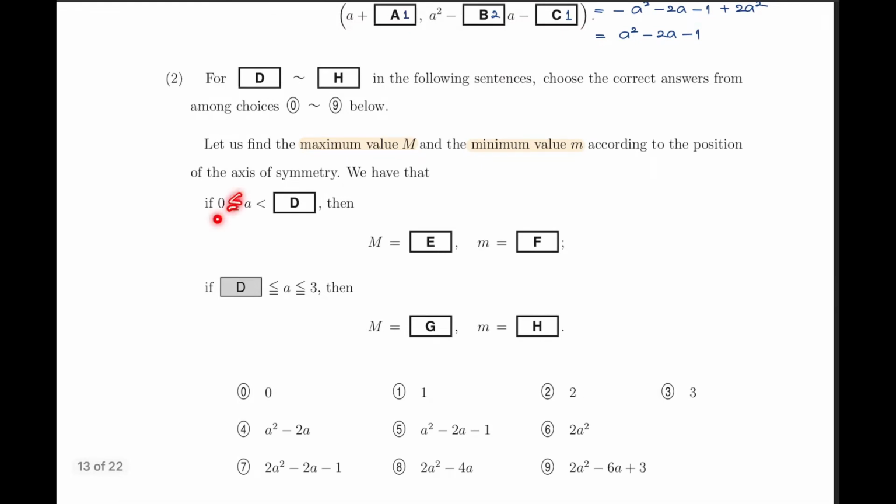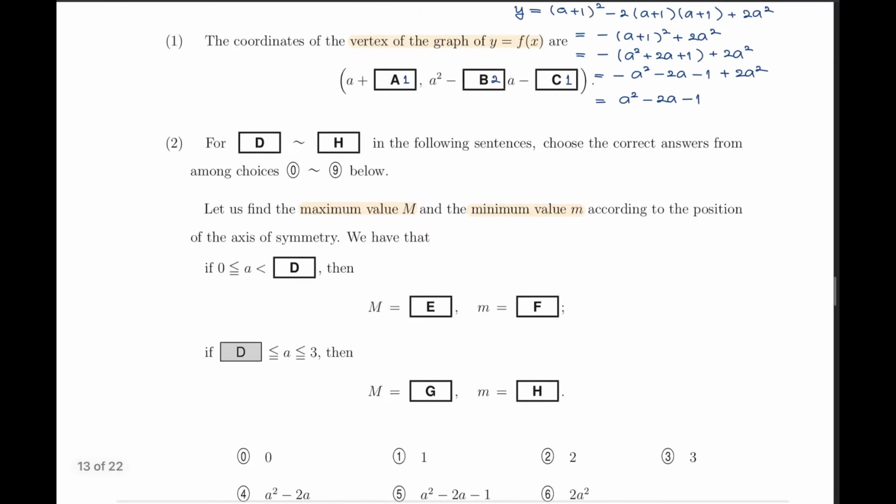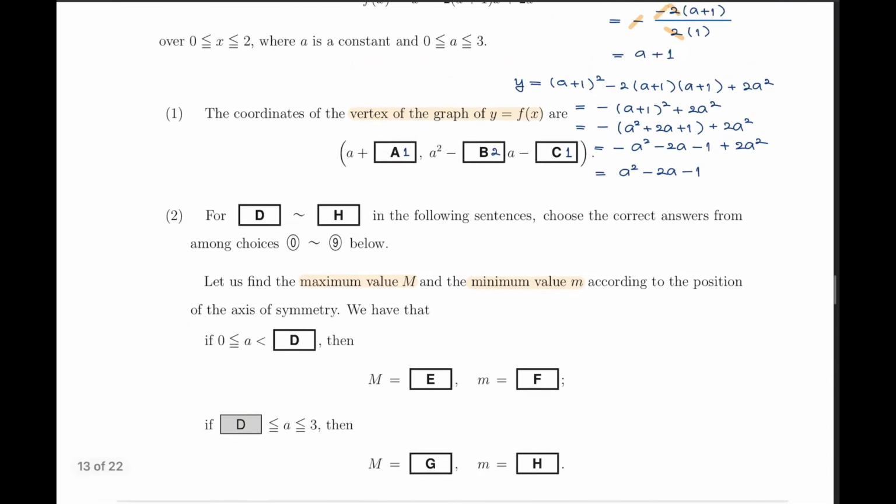And then if 0 is less than or equal to A, less than or equal to D, then blah blah blah. So I think the first case here is where the axis of symmetry is inside the range of x. I repeat it once again.